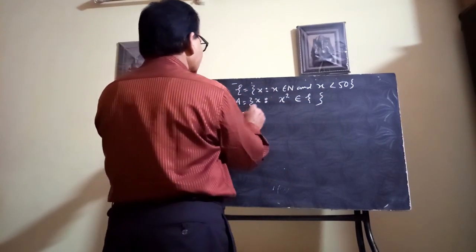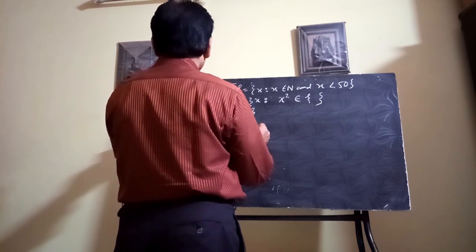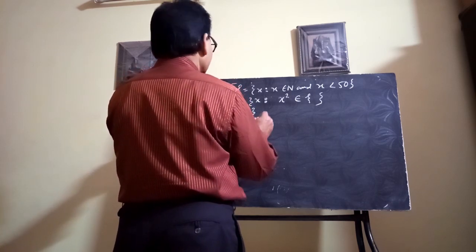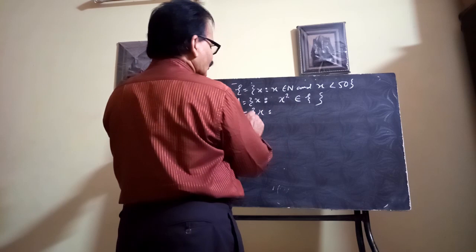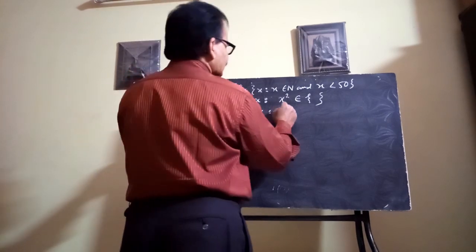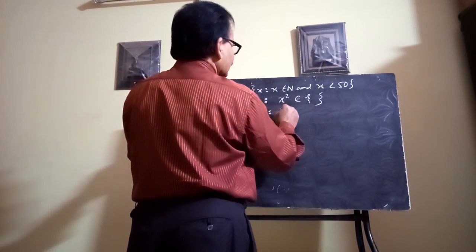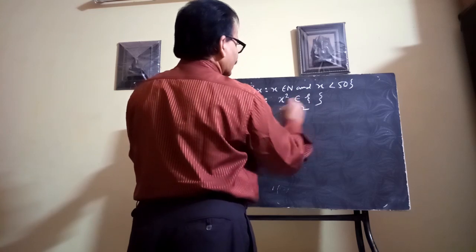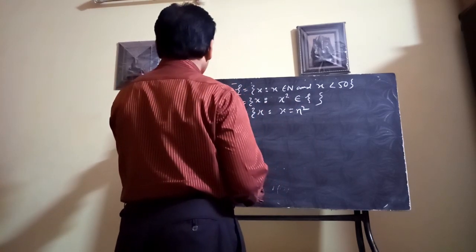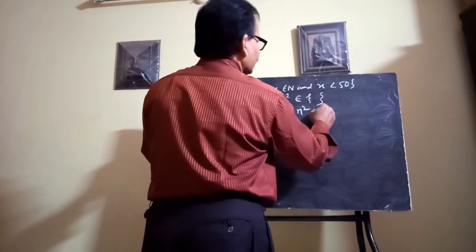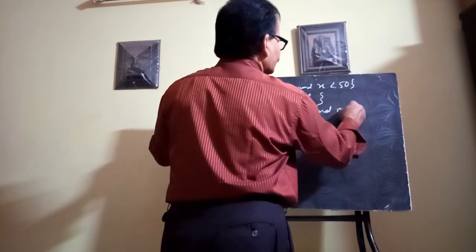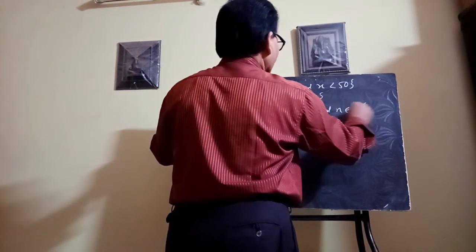And set B is also a set of x such that x equals n square, where n belongs to the natural numbers.